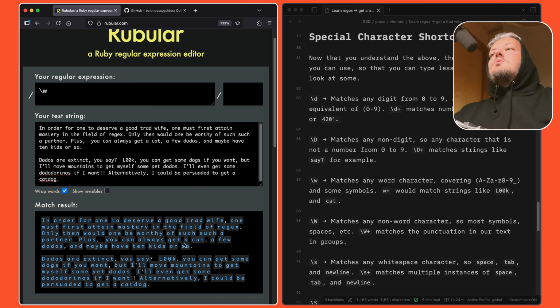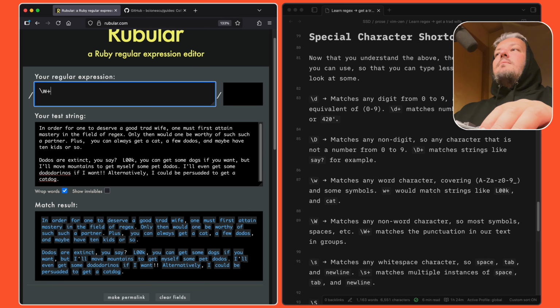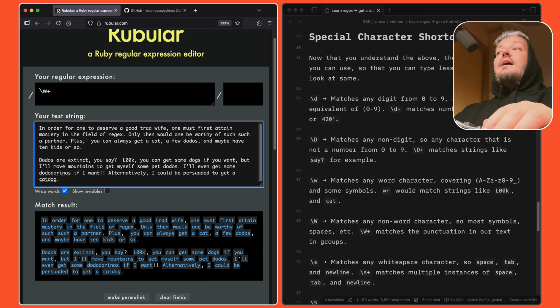So you could use this to break down a sentence or a word into its individual letters. However, if you do W plus, that then matches words. So you could use this regex pattern to extract words from a sentence. And the words are basically separated by space, punctuation, and I think dashes as well.